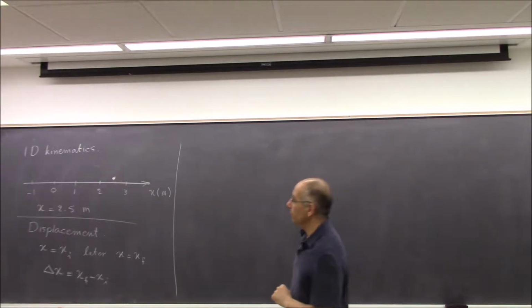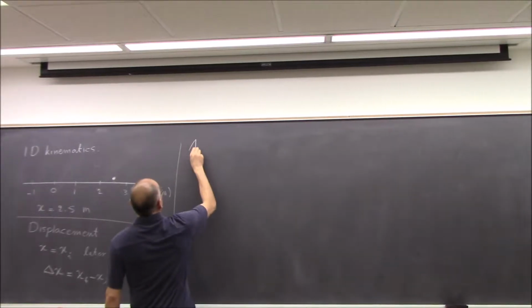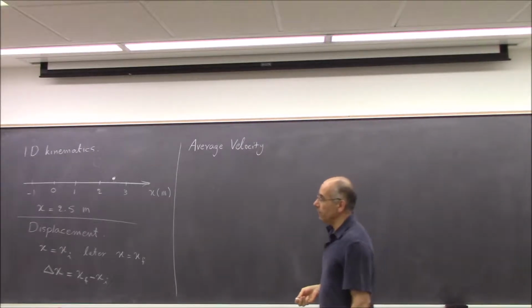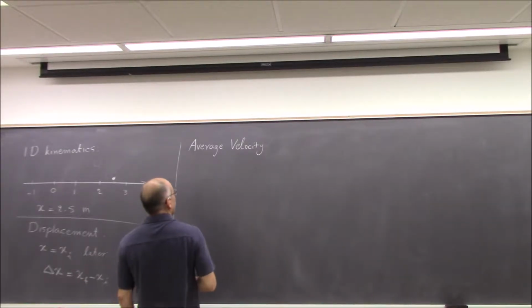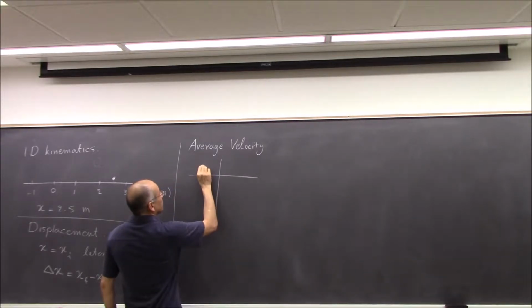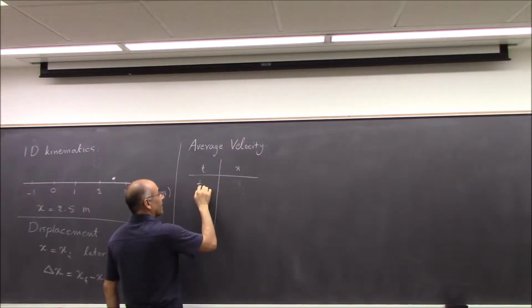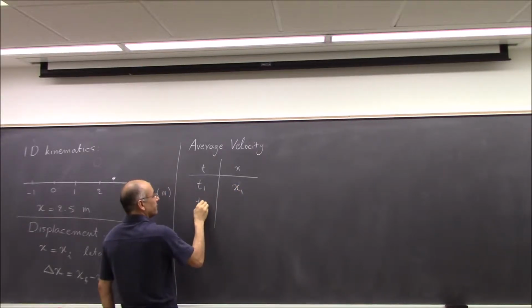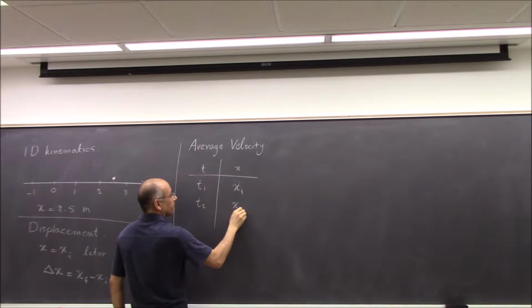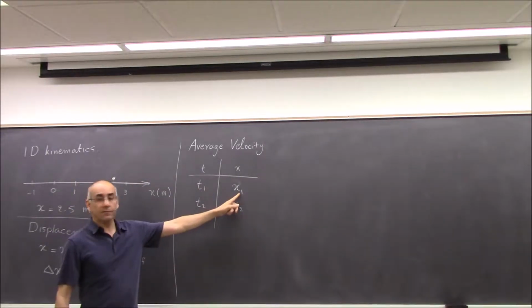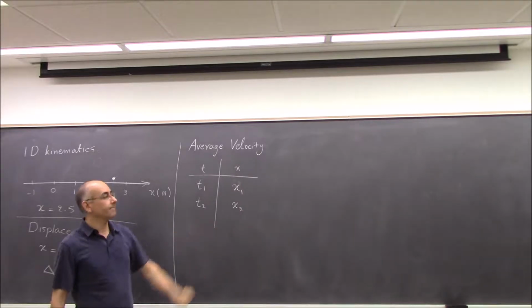After displacement, we define average velocity. Average velocity is simply defined by displacement divided by the time. At time t1, the object is at x1. At time t2, the object is at x2. Or you can say t initial, t final, x initial, x final.